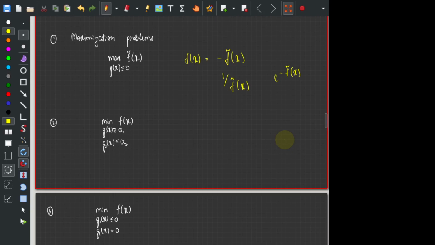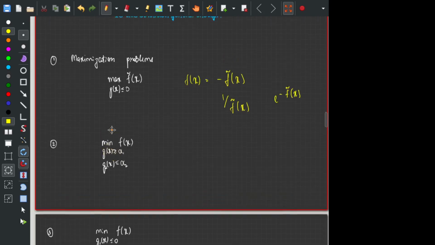Okay, but now if the constraints look a little different, then what do I do? Suppose I want to minimize, say, f of x, but now I have two constraints. The first constraint is g1 of x is greater than or equal to some alpha 1. And the second constraint is g2 of x less than or equal to alpha 2.